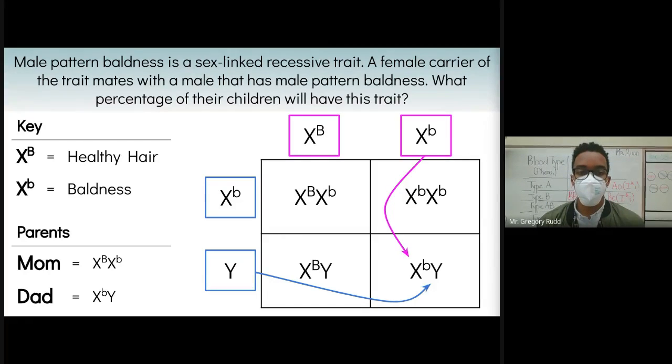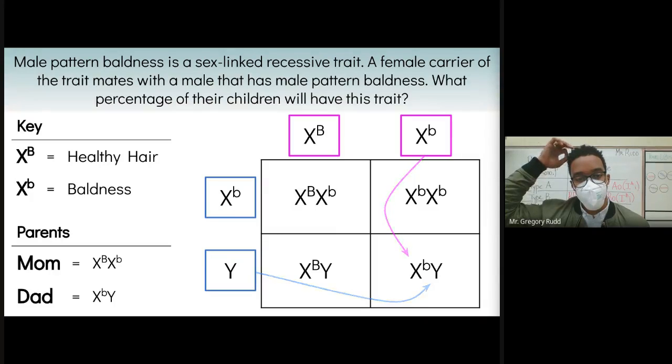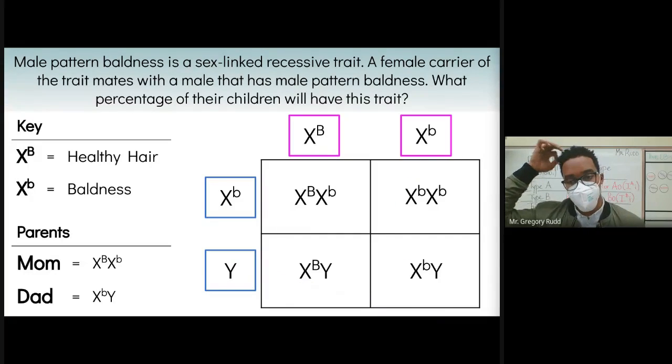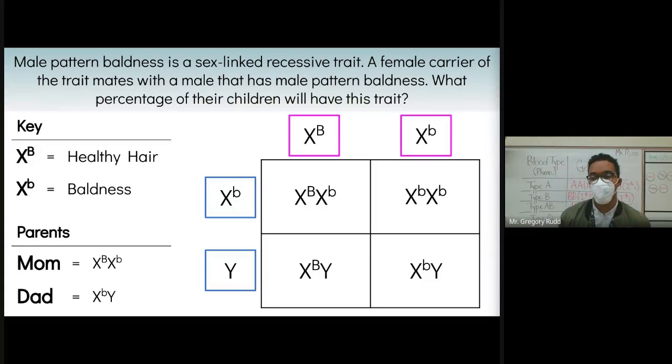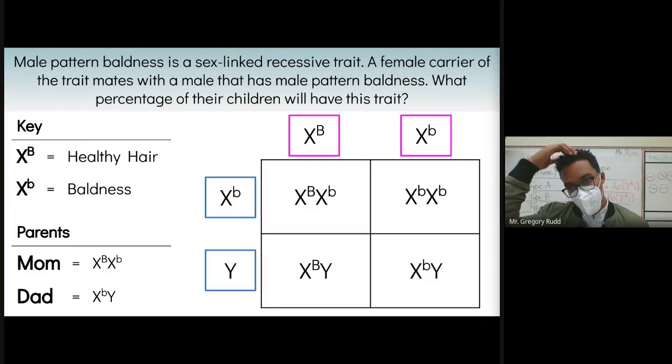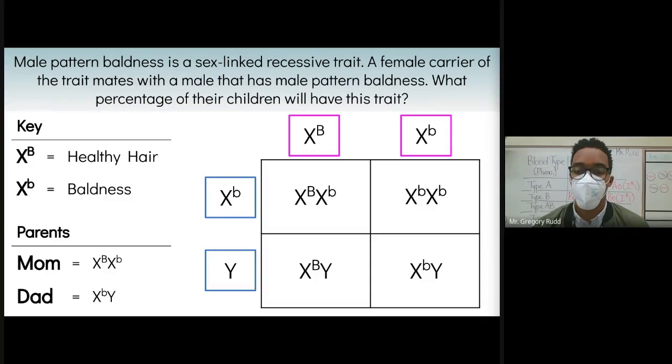All right. So what percentage of their children are bald, or have this baldness trait, I should say? 50%. Thank you, Janelle. And can you just explain how you knew that? Excellent.